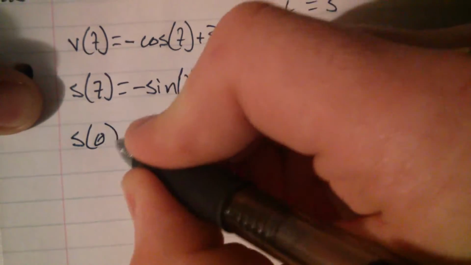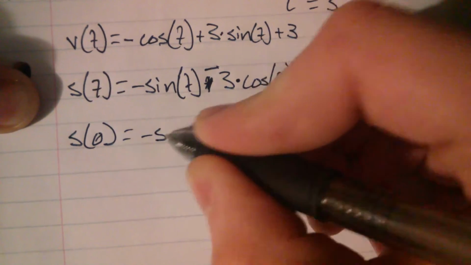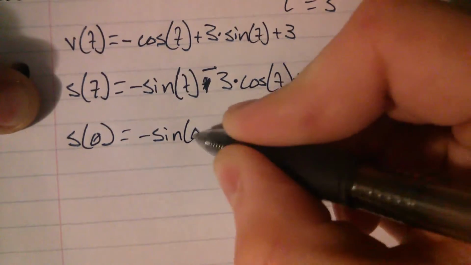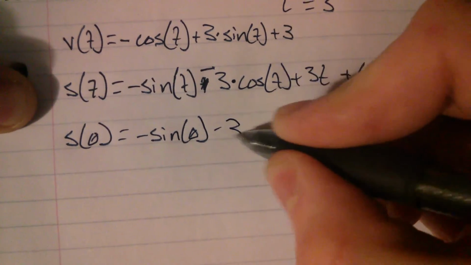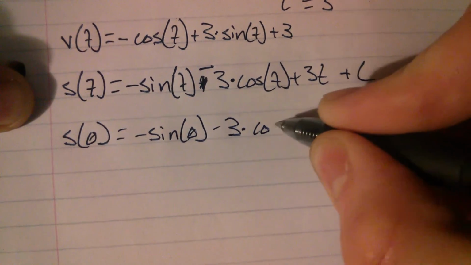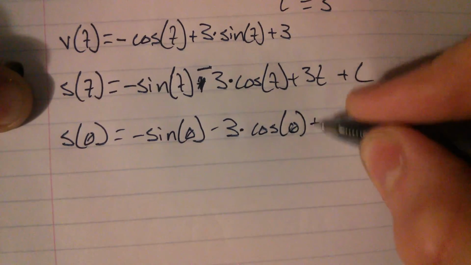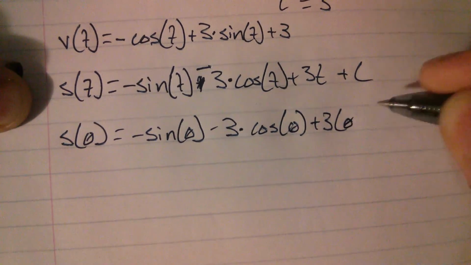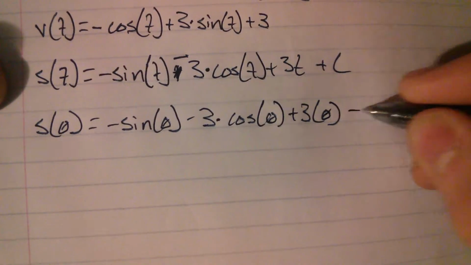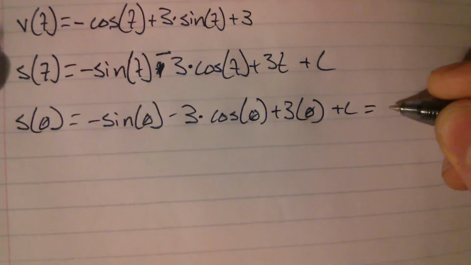s of 0 is equal to negative sine at 0 minus 3 times cosine at 0 plus 3 times 0 plus c equals 0.